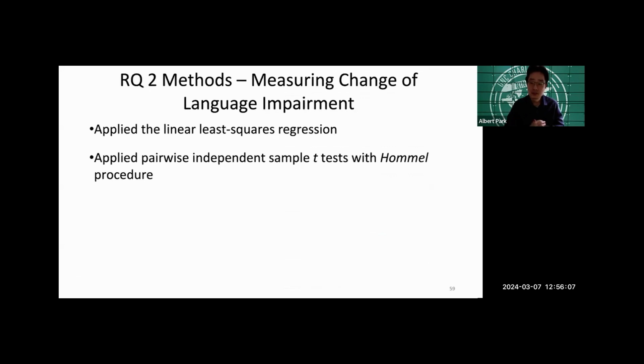To measure the changes in language communication impairment, we used linear least squares regression and applied pairwise independent sample t-tests with a correction procedure to control for multiple tests.